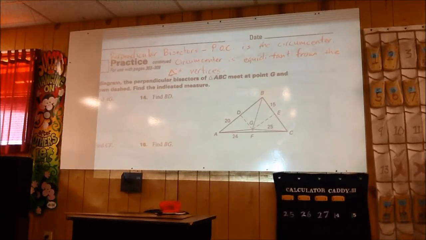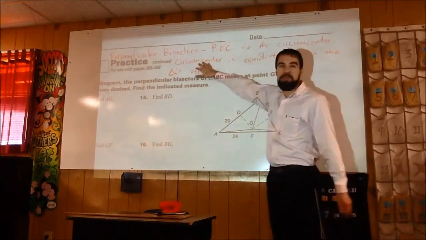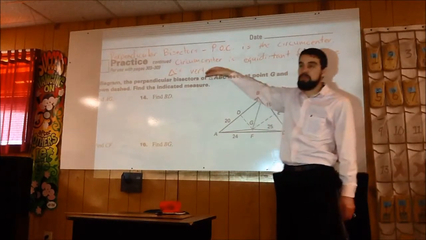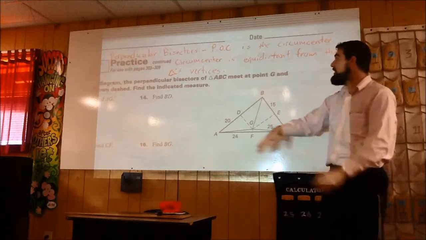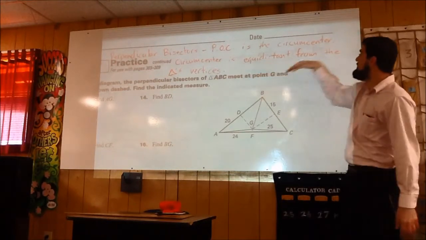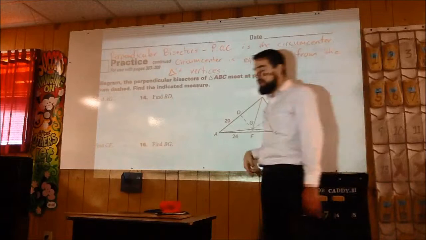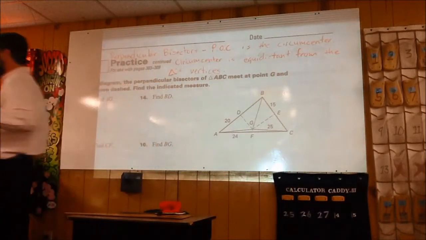Now this is written in your notes that I've handed out to you, but this is for you and your homework, so you have it all in one place. What's so special about this circumcenter? Well, the circumcenter is where all the perpendicular bisectors come together and is equidistant from the triangle's vertices.